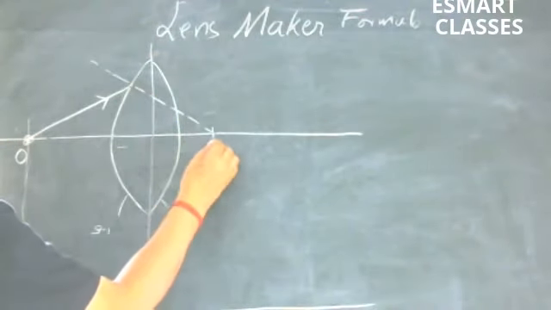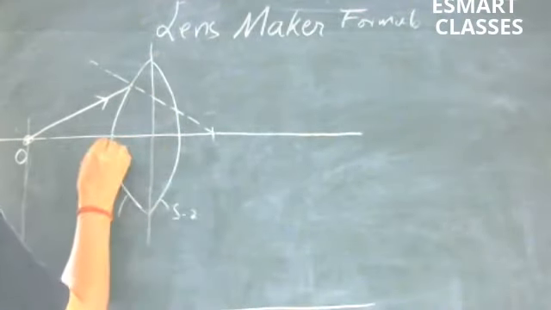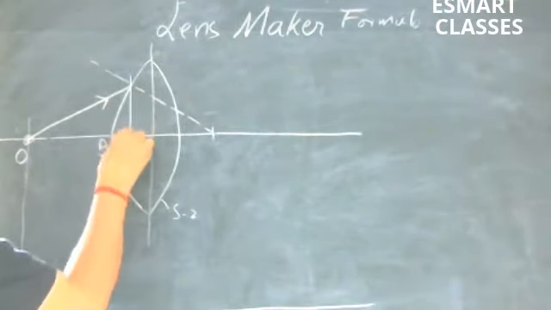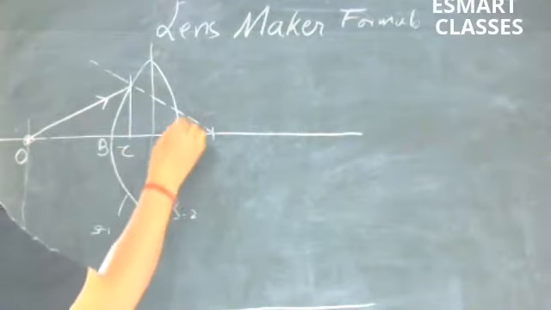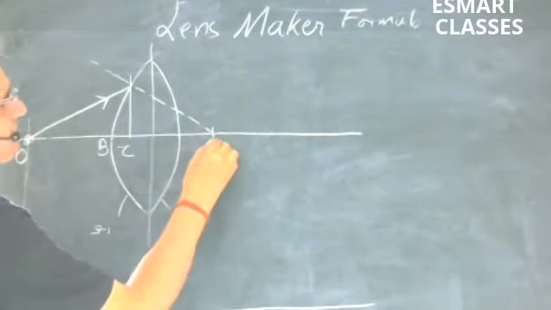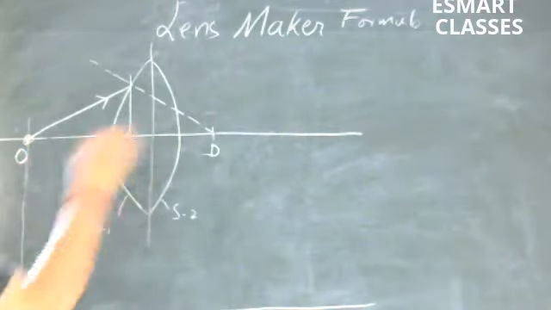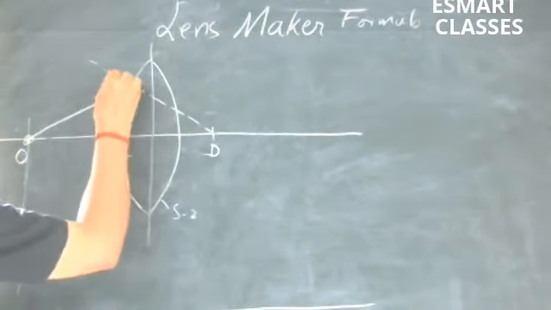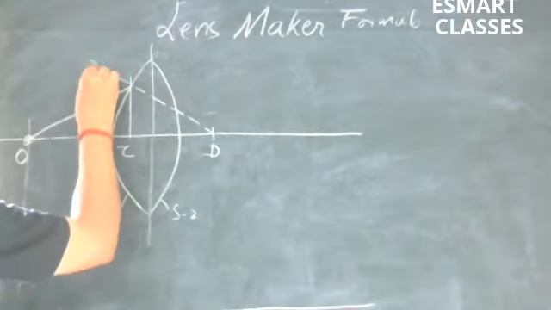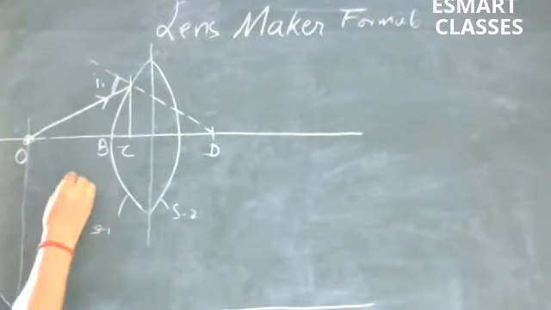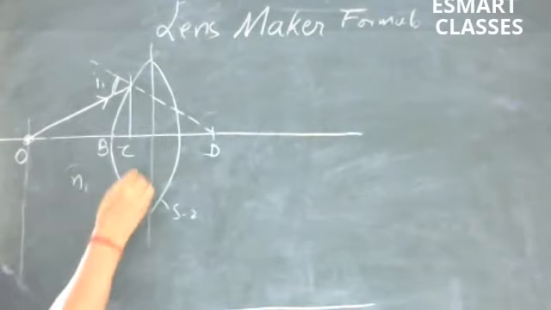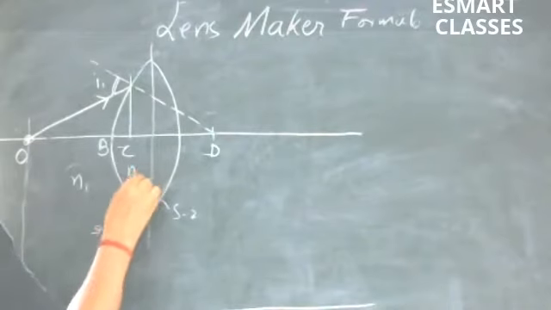So if this point is O, let this be B, let this point be C, and let this point be D, where the radius is meeting. Let this be I1, this is N1, this is air, and this lens material is N2.